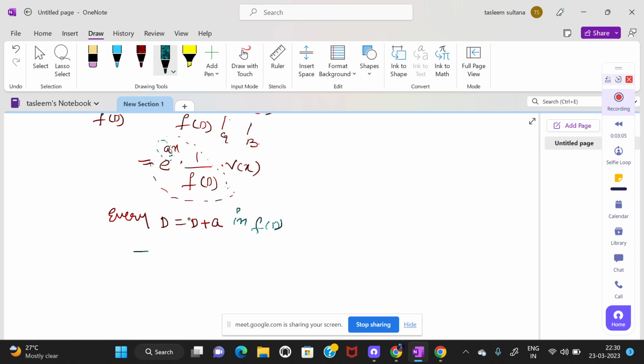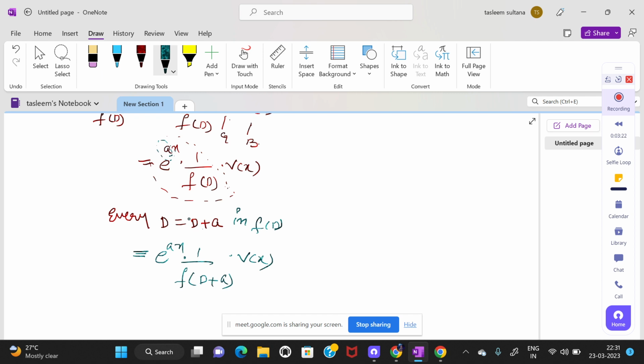So it will become e power ax into 1 by f of D plus a into v of x. First you are going to solve this D plus a expression.